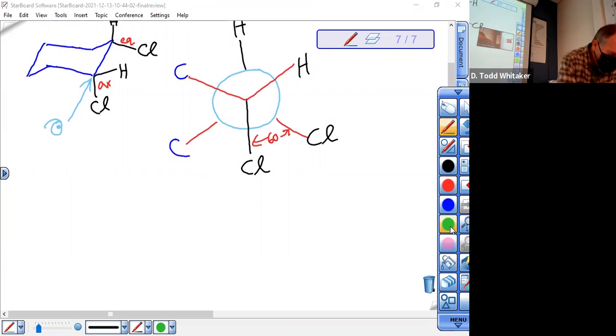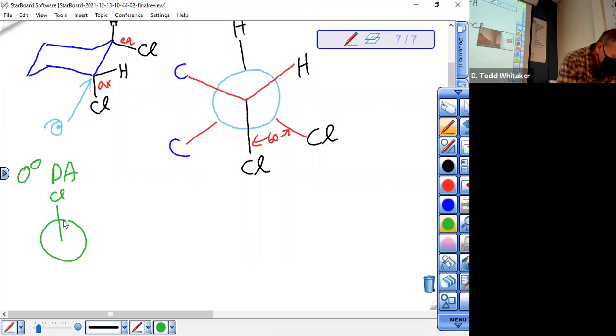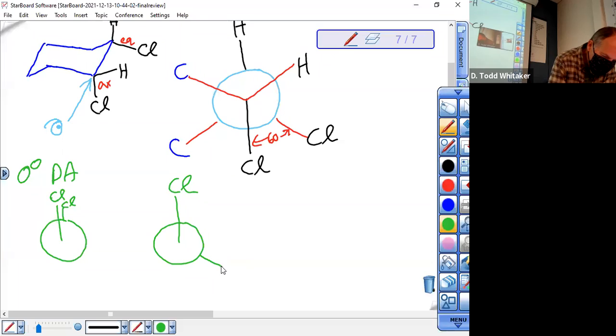Let's just do, before we leave, 0 degree dihedral angle. They're right on top of each other, right? If it was eclipsed, but the other Cl was here, that's 120 degrees.